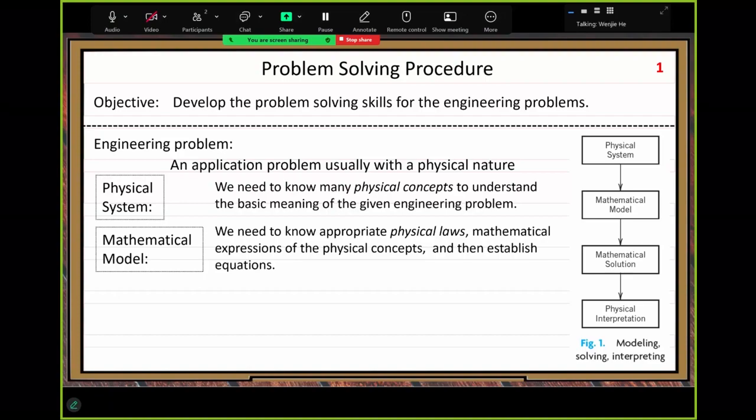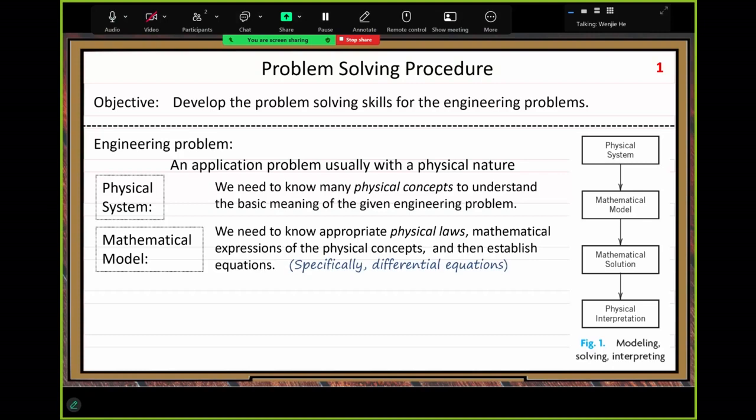Before you can solve it, you need to do preparation. So this step is also important and not trivial. That's the second block.